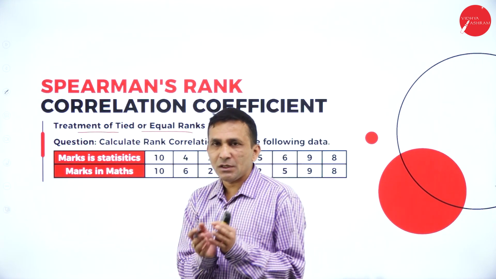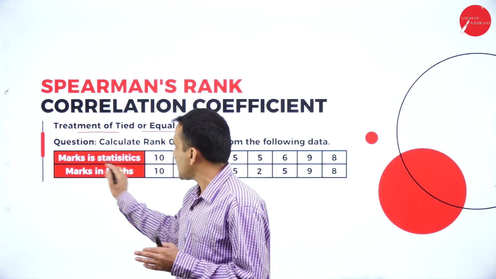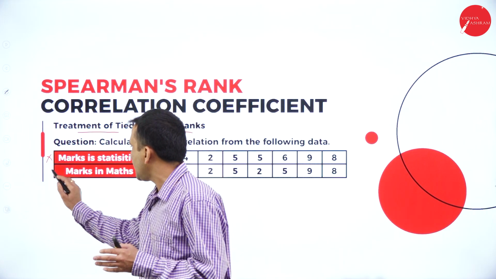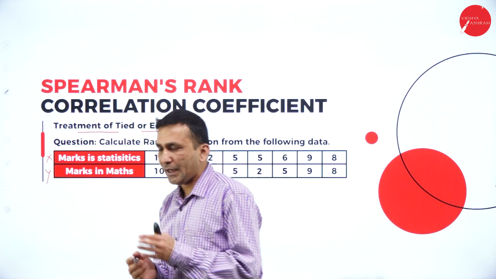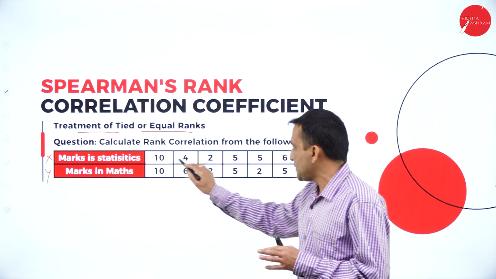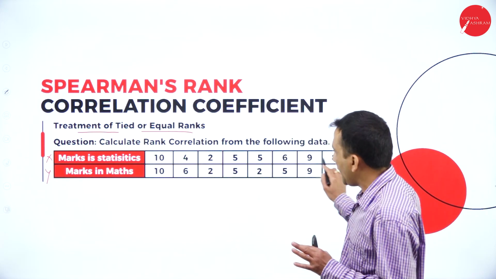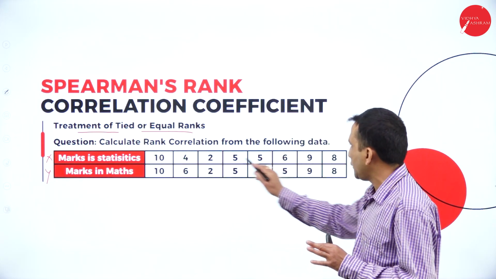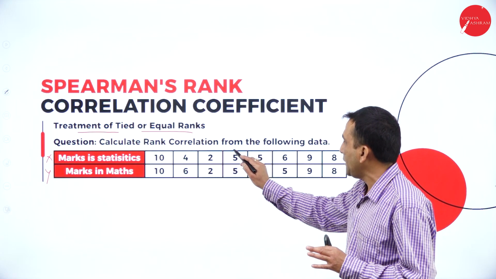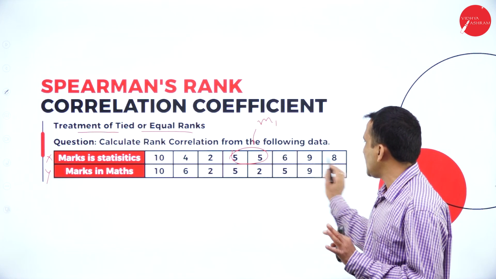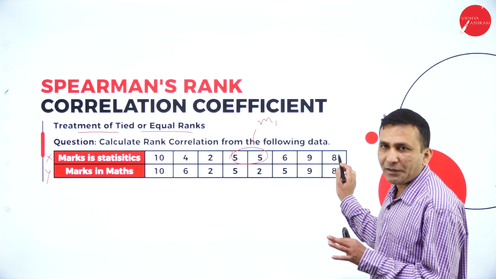In the question, the marks in statistics we consider as the X variable, and the marks in maths we consider as Y. Here, from the first series we need to identify any repeated numbers. 10 is not repeated, 4 is not repeated, 2 is not repeated, 5 is repeated 2 times. Now consider which is M1. 6 is not repeated, 8 and 9 are not repeated.